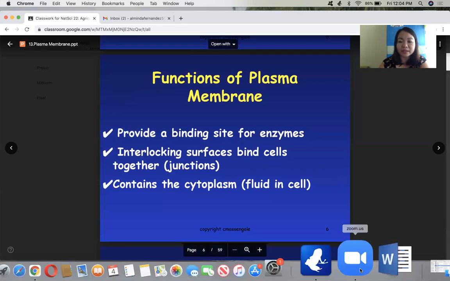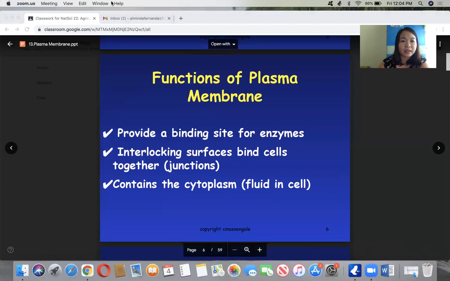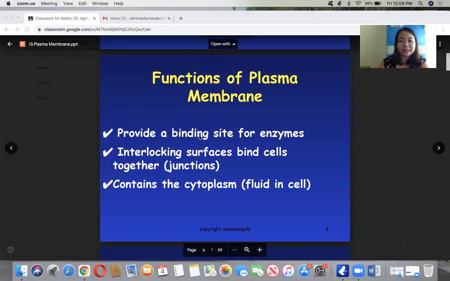Some more functions of the plasma membrane: it provides a binding site for enzymes. Enzymes react with substances, and from the previous discussion we know that enzymes have a binding capability, and they make use of the plasma membrane for binding.